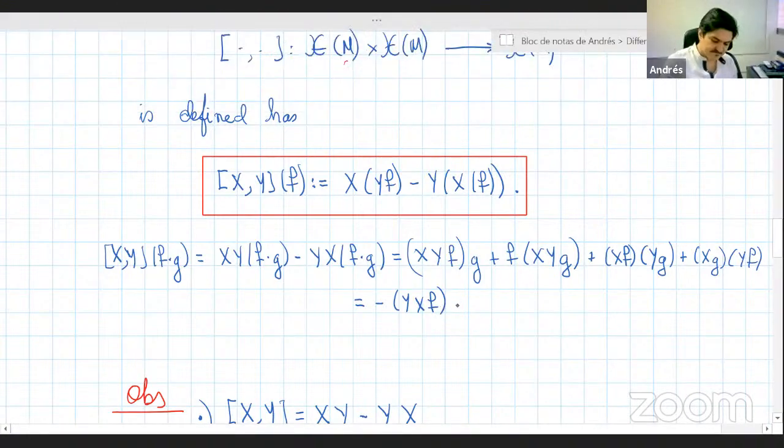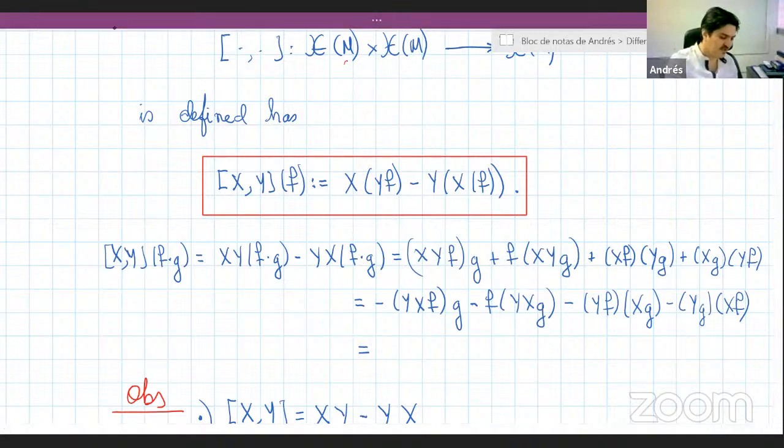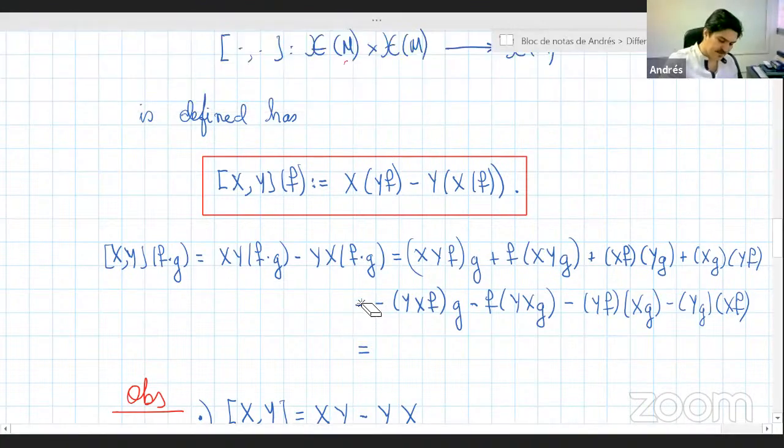Minus f and now Y X g. And then a minus Y f X g. And a minus Y g times X f. Oh, and I don't know why I wrote equal. This is not an equal. Okay. Right.